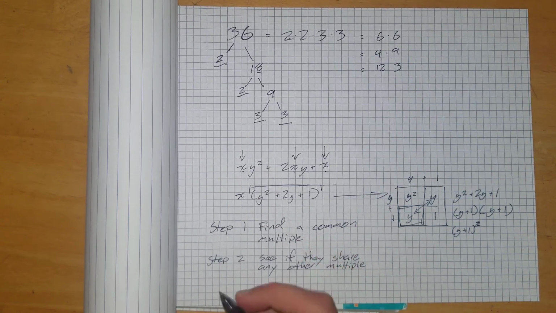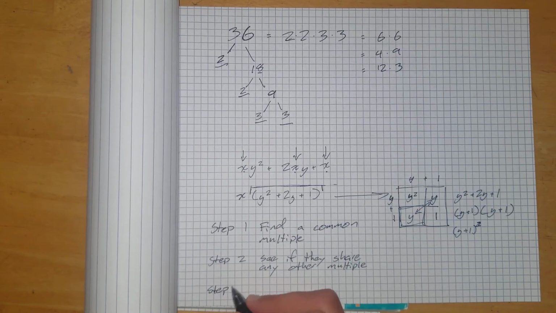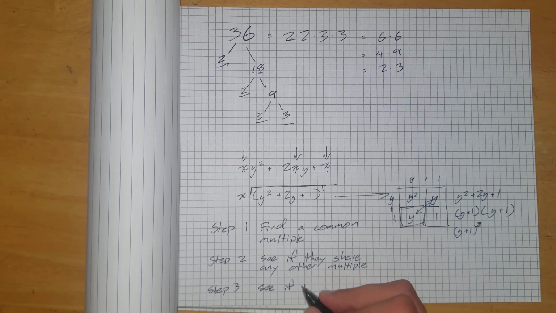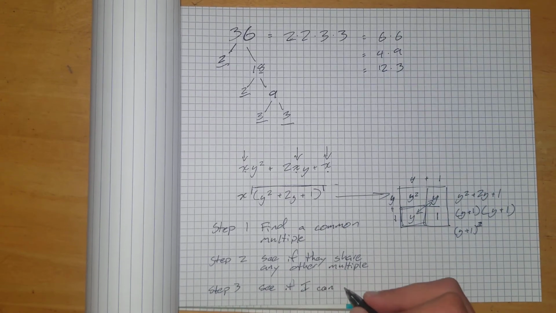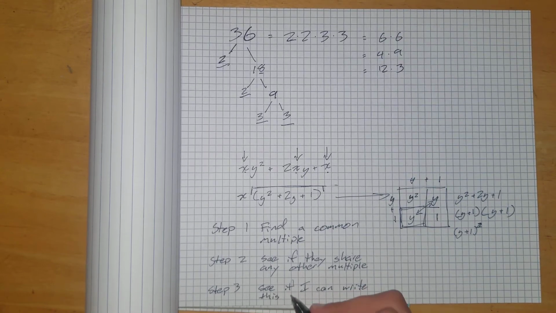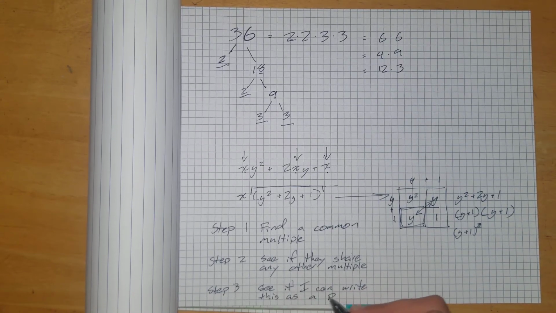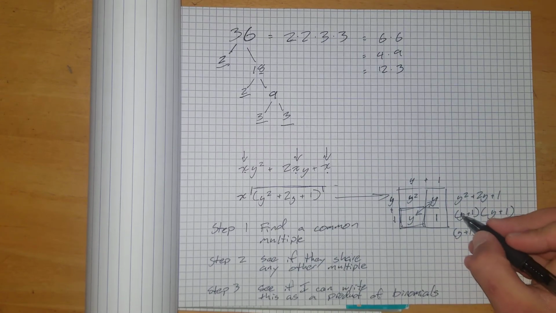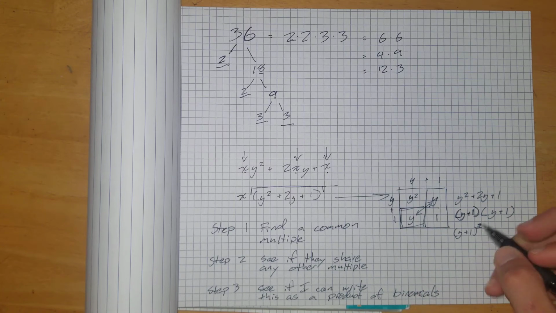The next step, step 3, is to see if I can write this as a product of binomials. Remember, binomials are just two monomials in an expression.